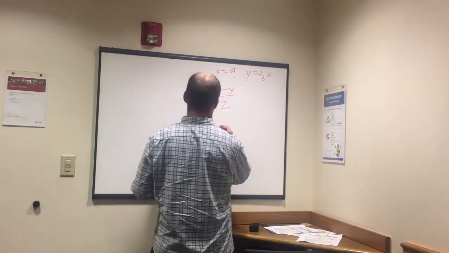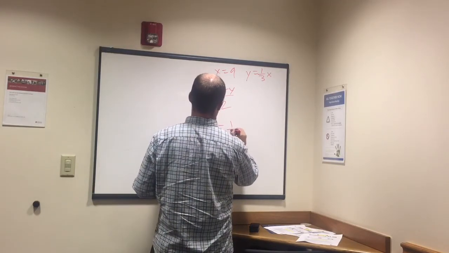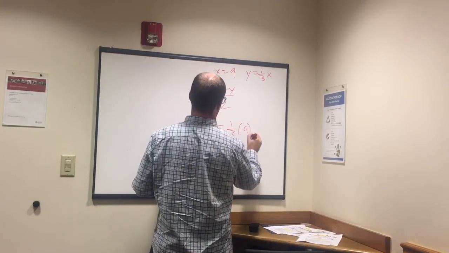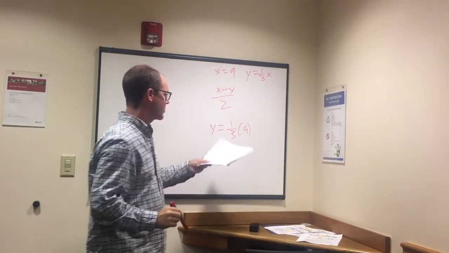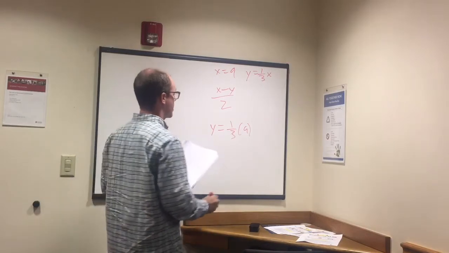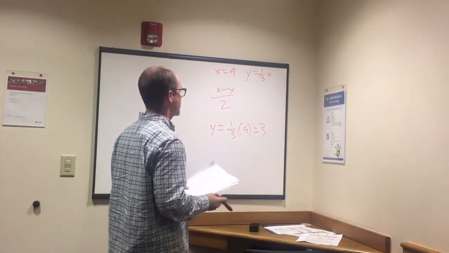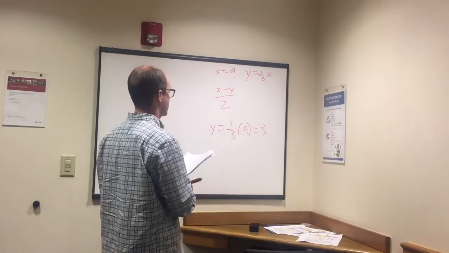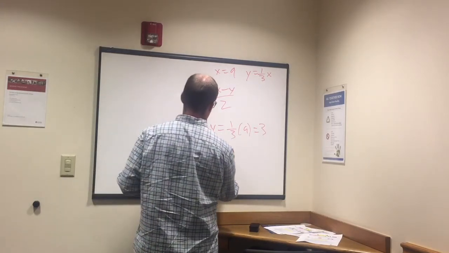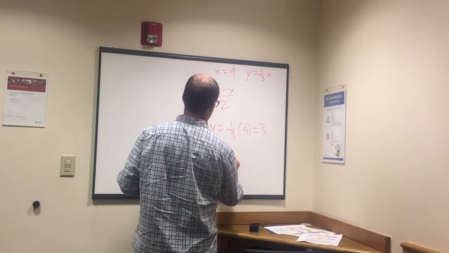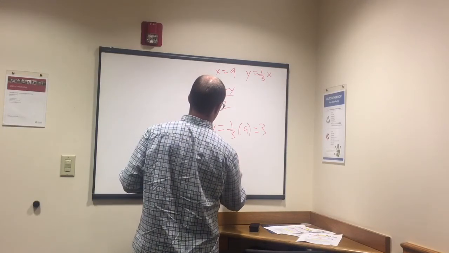So y equals 1/3 x. y equals 1/3 times x, which is 9, which equals 9 over 3. 9 over 3 equals 3. So now we know that x equals 9, y equals 3, all over 2.